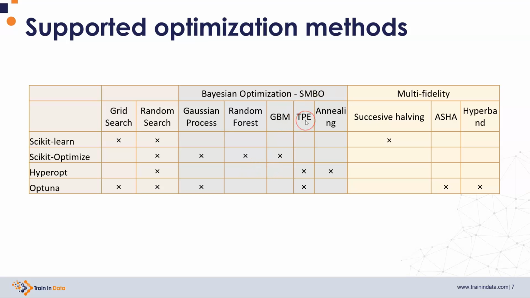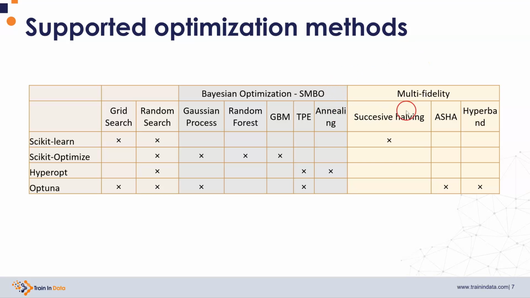Tree-structured Parzen estimators, which has been by far the most popular Bayesian optimization method for hyperparameters, is supported by Hyperopt and Optuna, and this spin-off of randomized search, which is called annealing, is supported only by Hyperopt.